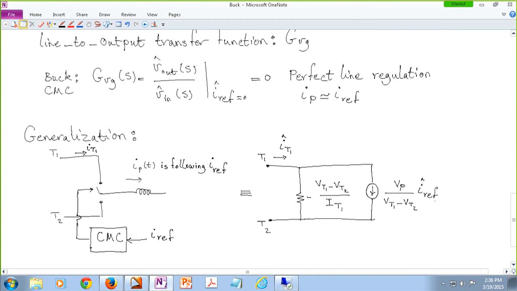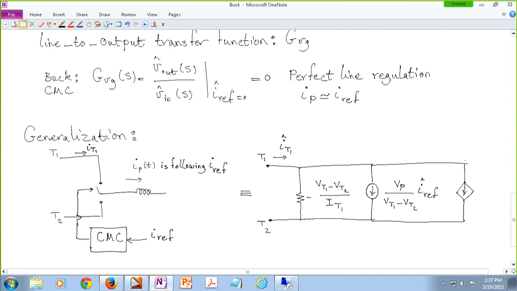Okay, and then we had another dependent current source, and the value was D over R, or IREF over V in basically.